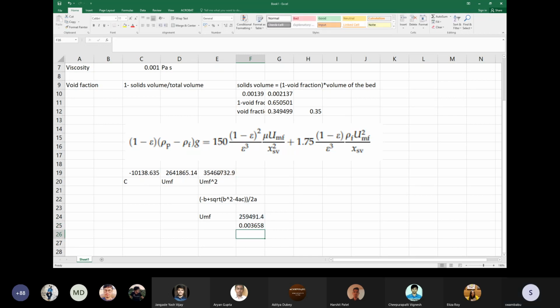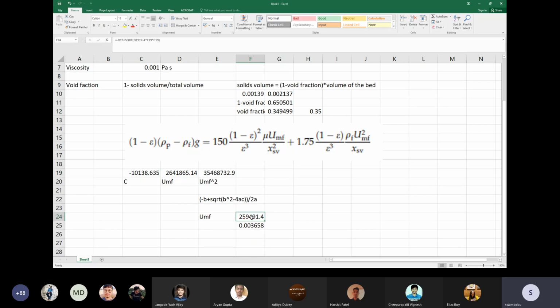So too little. Gone wrong. Okay. So this is one. Now this is one root.